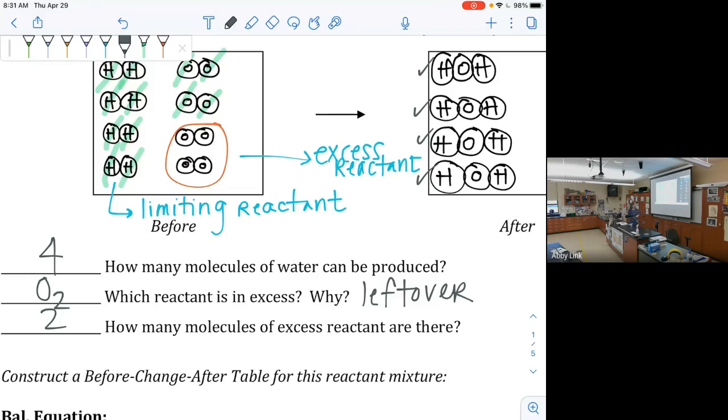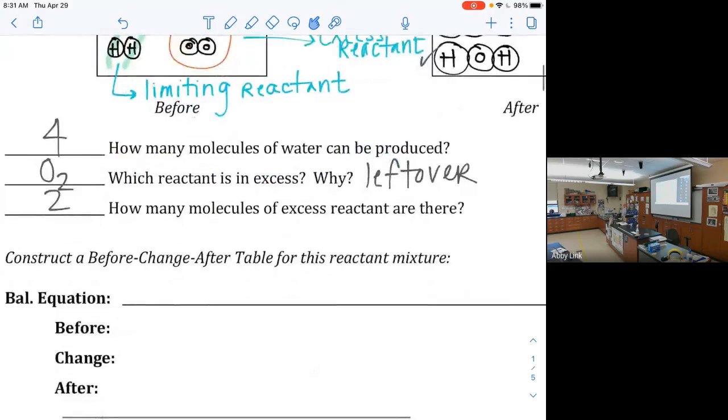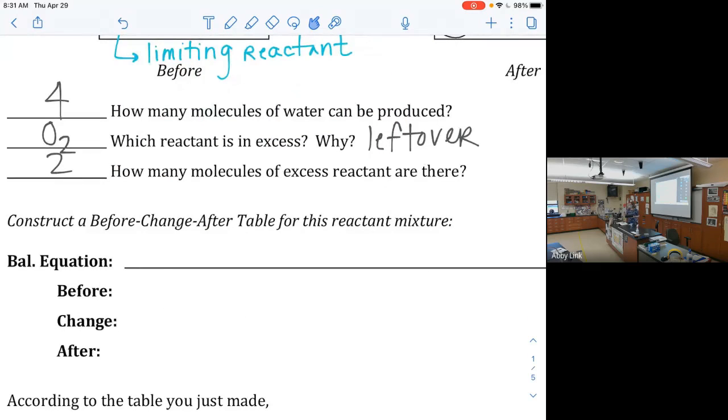All right. Now, Tyler was just talking about BCA tables. We are going to see them again today. You might find them to be helpful for these limiting reactant types of problems, because I'll tell you right now, it's not going to stay as easy as that one was, right? You are not going to be able to draw pictures and cross circles out to solve these problems, okay?